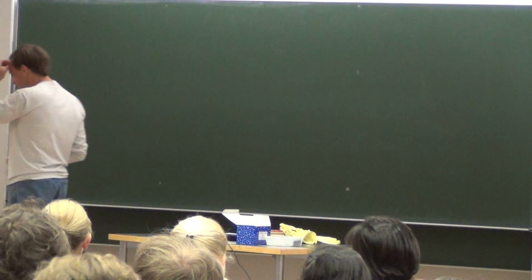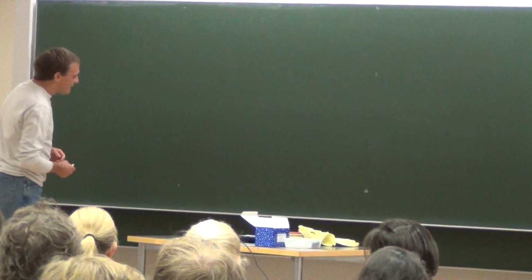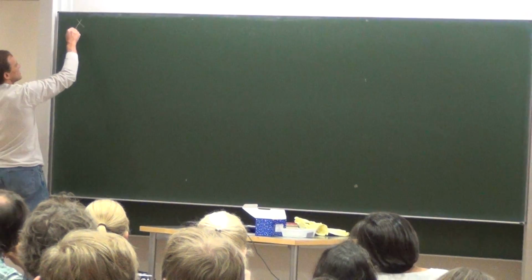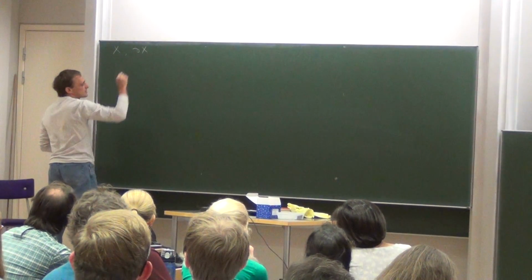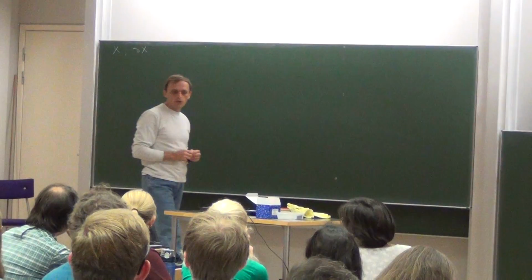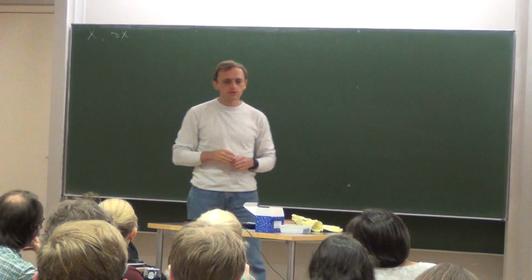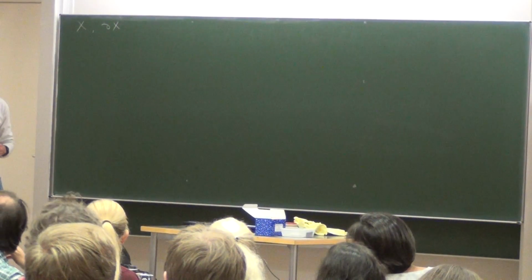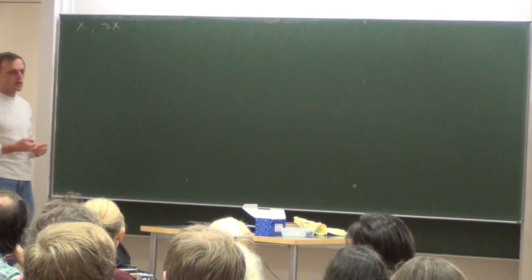So I guess nobody needs to be told what a hyperbolic space is. I just want to remind you that given a hyperbolic space X, by ∂X I denote the boundary of the hyperbolic space, and this is the sequential boundary. So it's defined in terms of sequences of points converging to infinity, not in terms of geodesic rays.